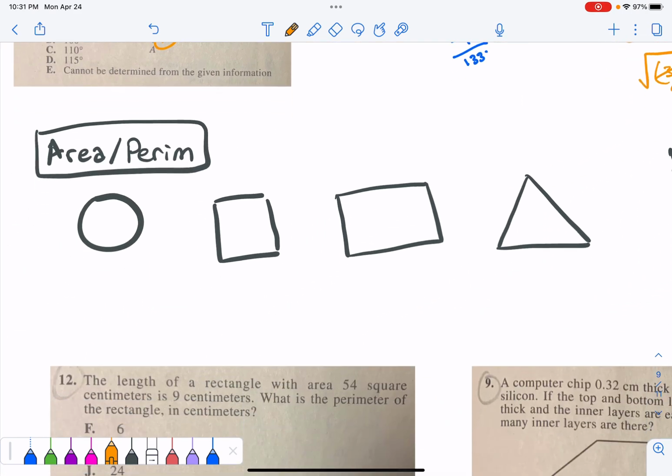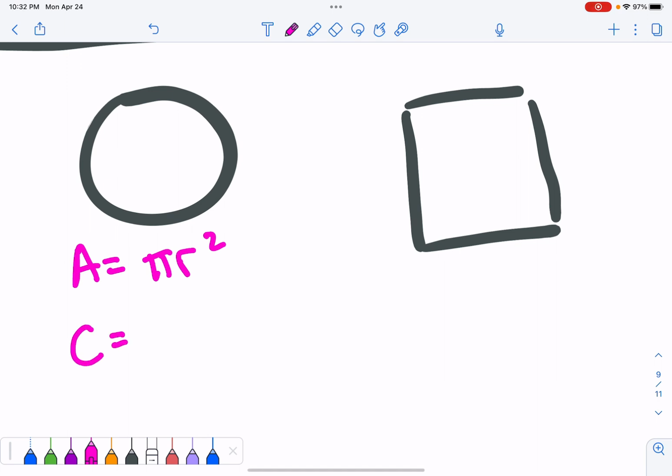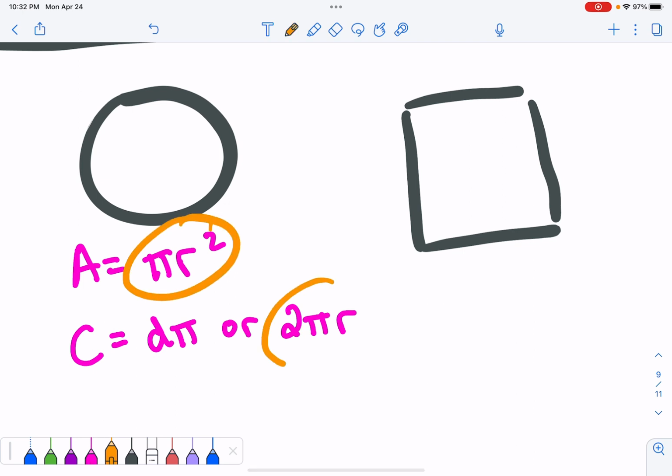You will need to know the formulas for these. Area of a circle is pi r squared. Perimeter of a circle, which is also called circumference, is either the diameter times pi or 2 times pi times the radius. Now, a lot of people get these two formulas confused because they both have a pi in it, they both have an r in it, and they both have a 2 in it.